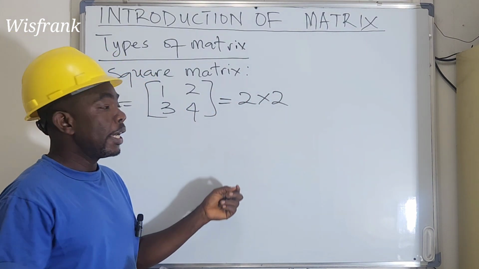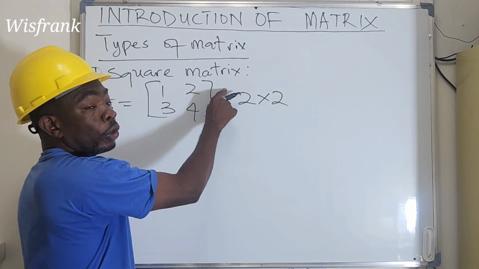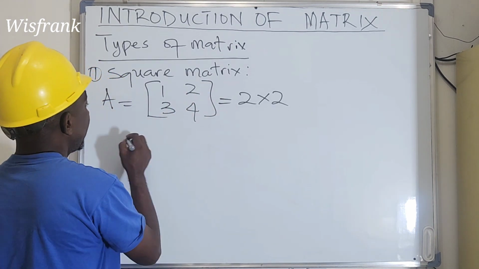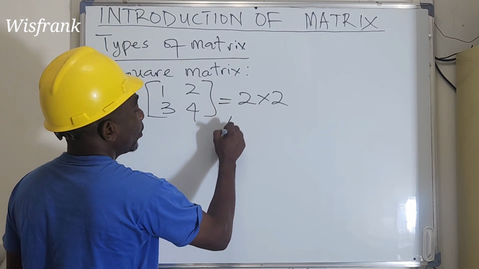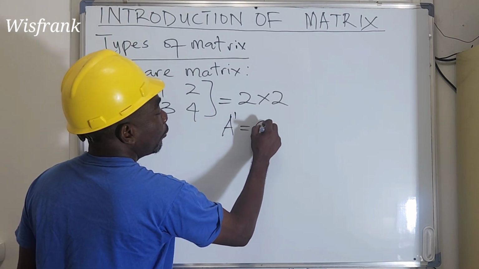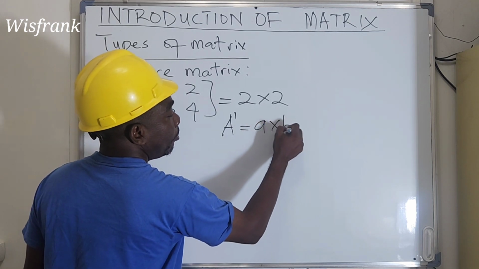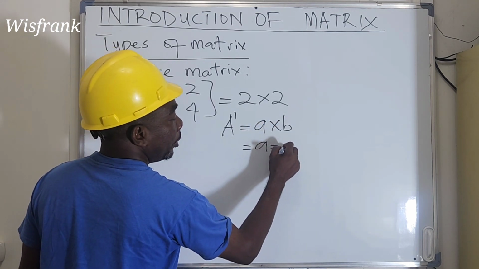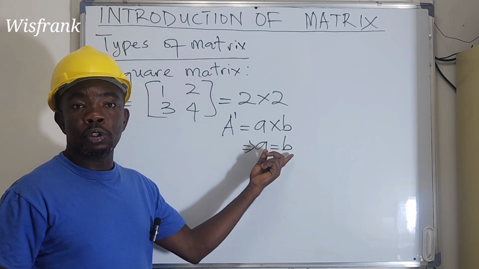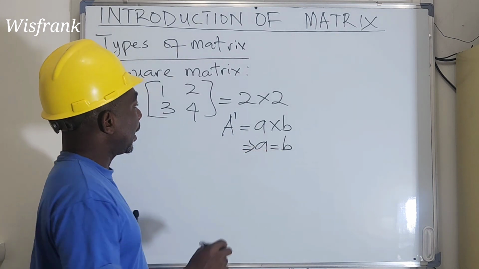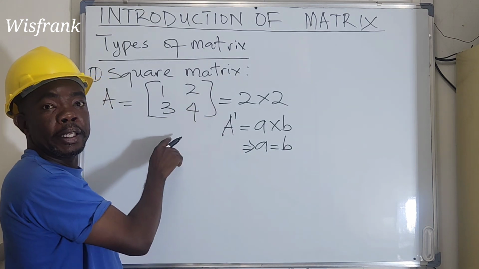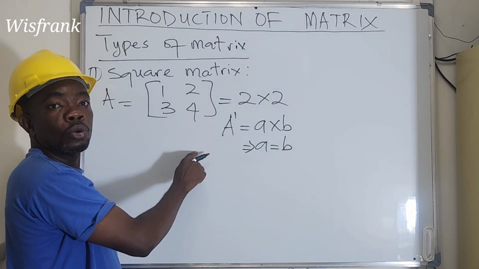In a square matrix, the number of rows and the number of columns are equal. That means where we say A equals a times b, a must equal b. The number of rows must equal the number of columns. That means if we have 1, 2 rows, the other side must be 1, 2 columns.